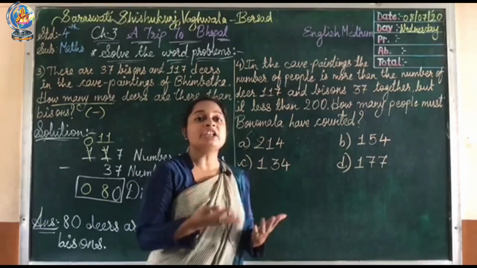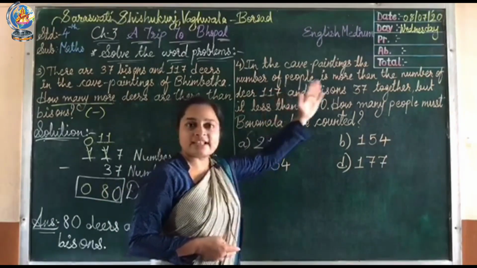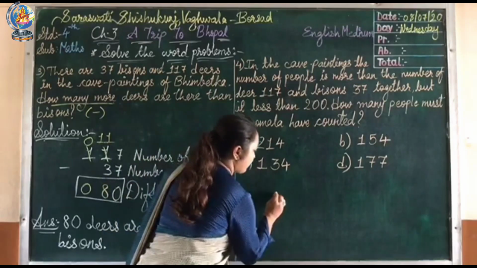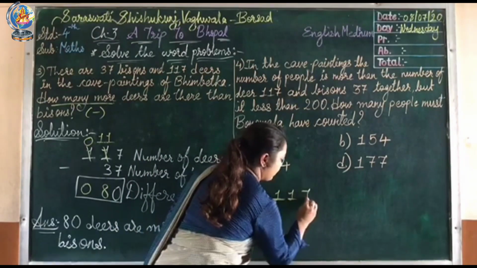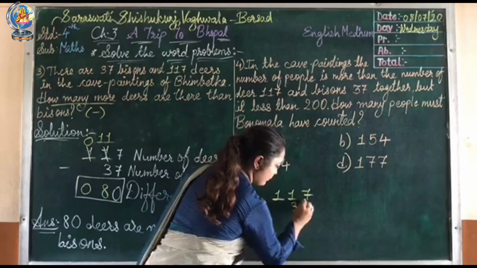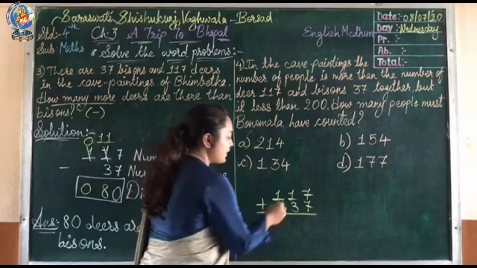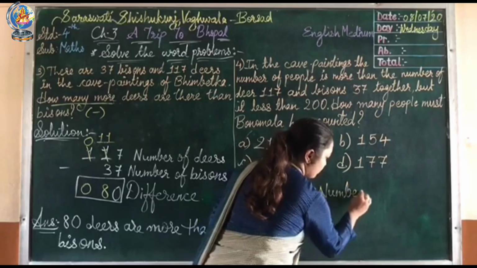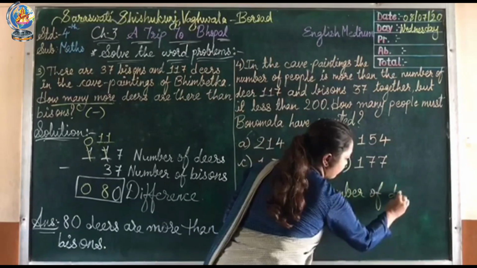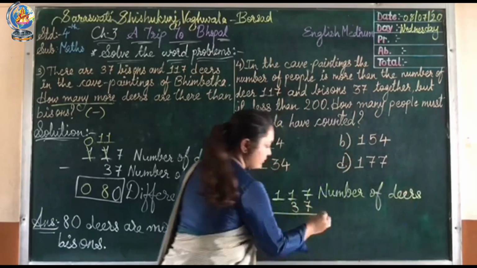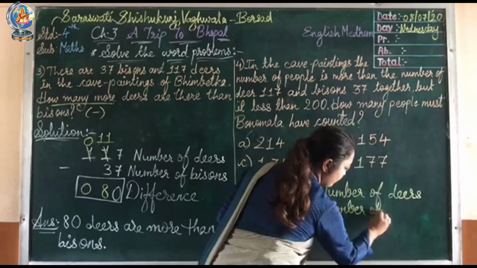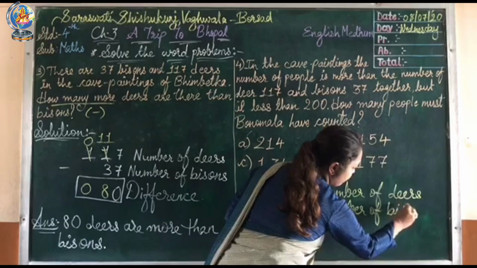So first of all, we need to find the addition of 117 and 37. As you all know, 117 is the number of deers and 37 is the number of bisons.